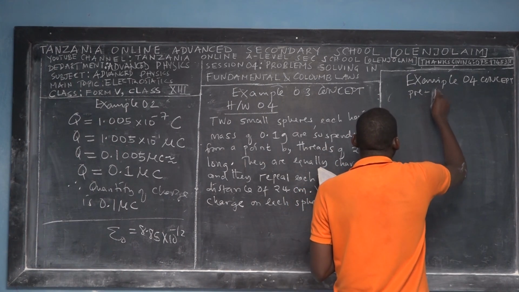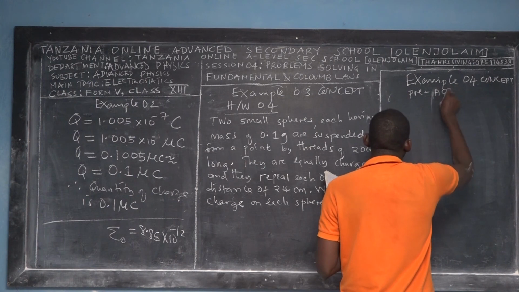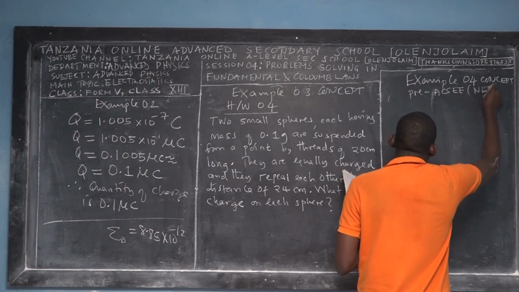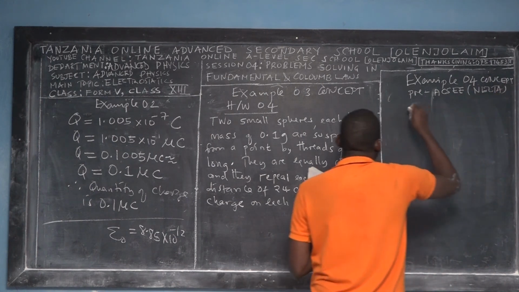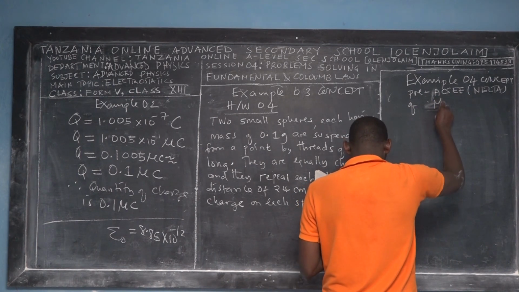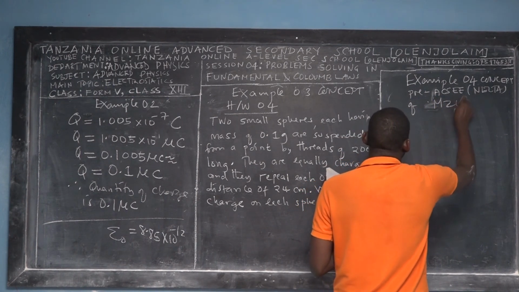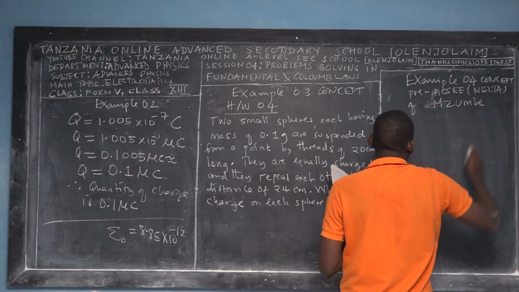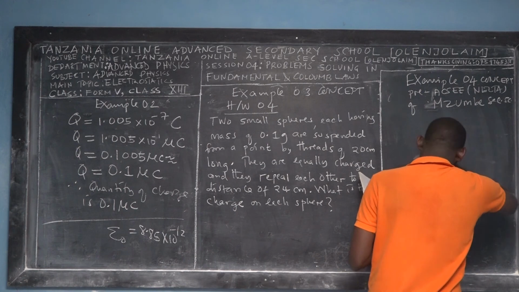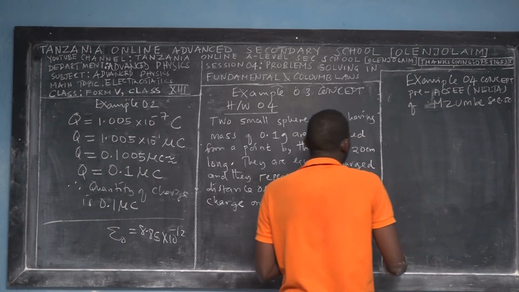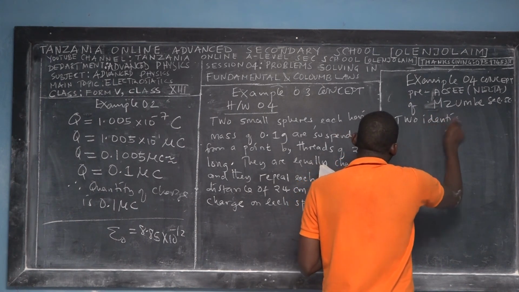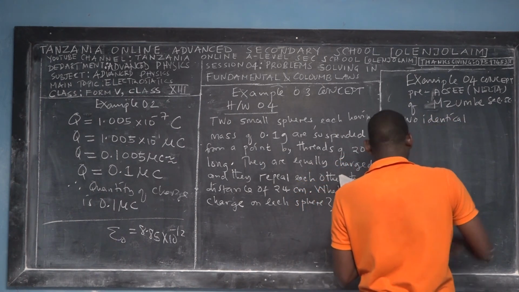I took it from a pre-NECTA, which means Pre-Advanced Certificate Secondary Education Examination, of Zombe High Secondary School. So listen to the question carefully. Two identical spheres.